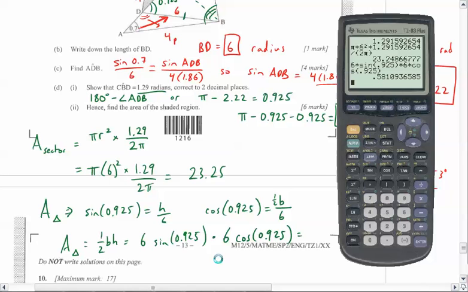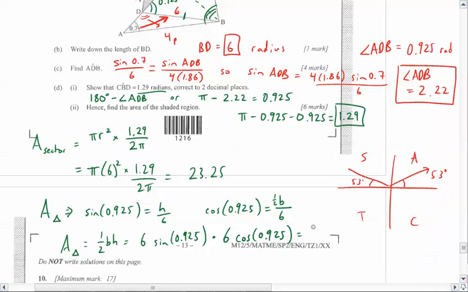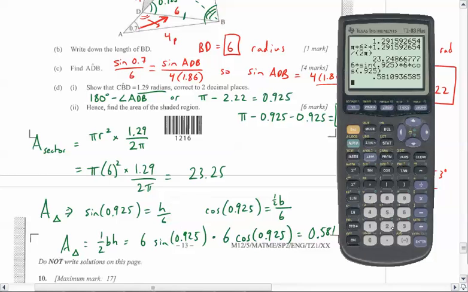And you have a formula for this in your formula book. You get 0.581. So now if I take those two away from each other, 23.248667777 minus that area, I get 22.7.